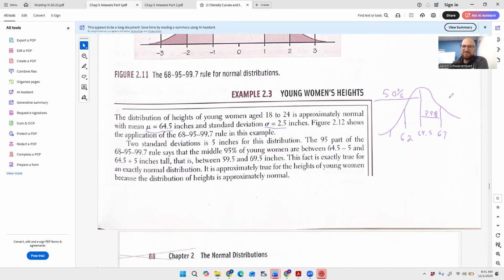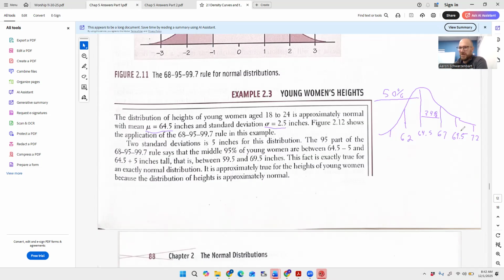Okay. Oh, yeah. I would say these are probably a little bit skewed on the tall end too, because I think there's a little bit more women over 6 feet. Because this next one is 69 and a half or 59 and a half. And then 3 standard deviations is 72.